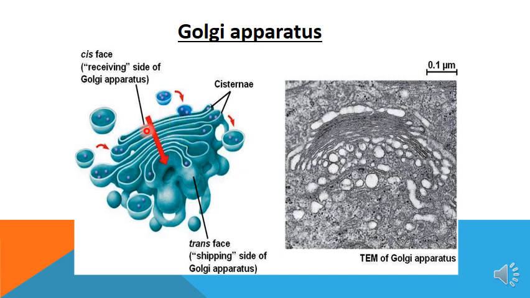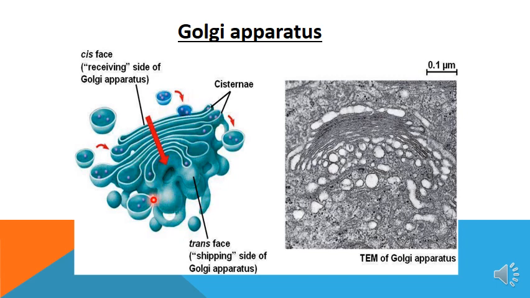Then the protein will be modified in the sacules of the Golgi apparatus, and it will exit at the trans face, which is the mature face of the Golgi apparatus. This concave surface is called the trans face, and the protein exits in the form of secretory vesicles, and it will be secreted from the cell. So the cis face side contains transfer vesicles, and the trans face side contains secretory vesicles.